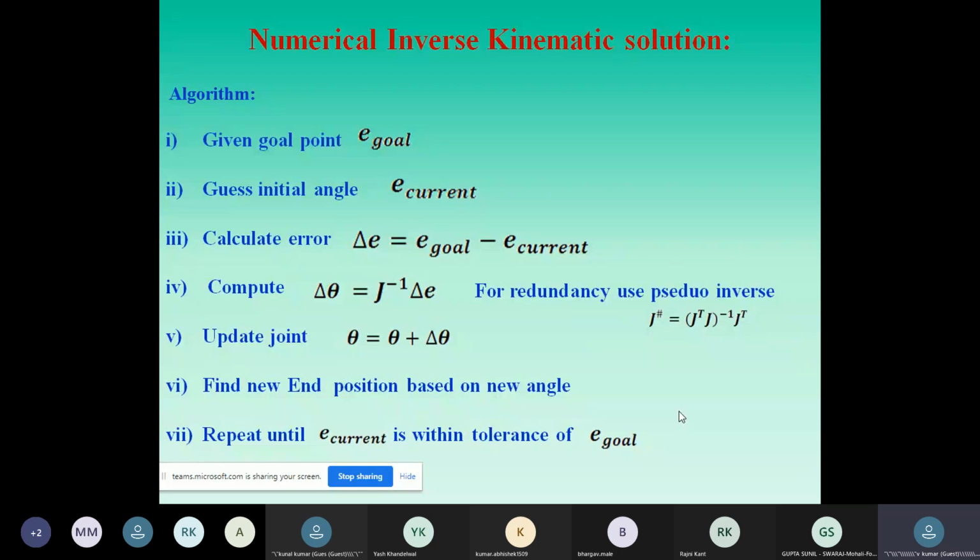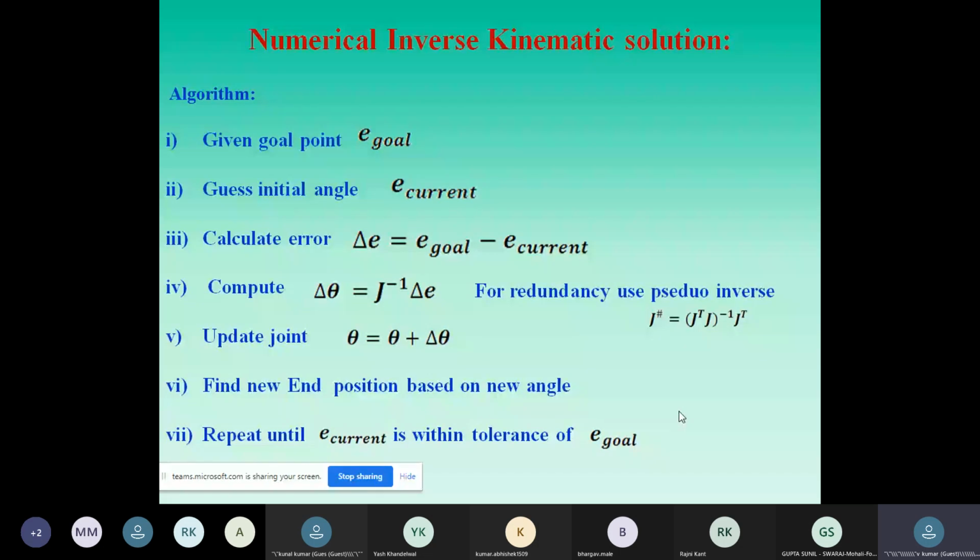If any manipulator is in a singularity configuration, to move the joint angle from that position it needs very high velocity. That is the difficulty during the singularity configuration.